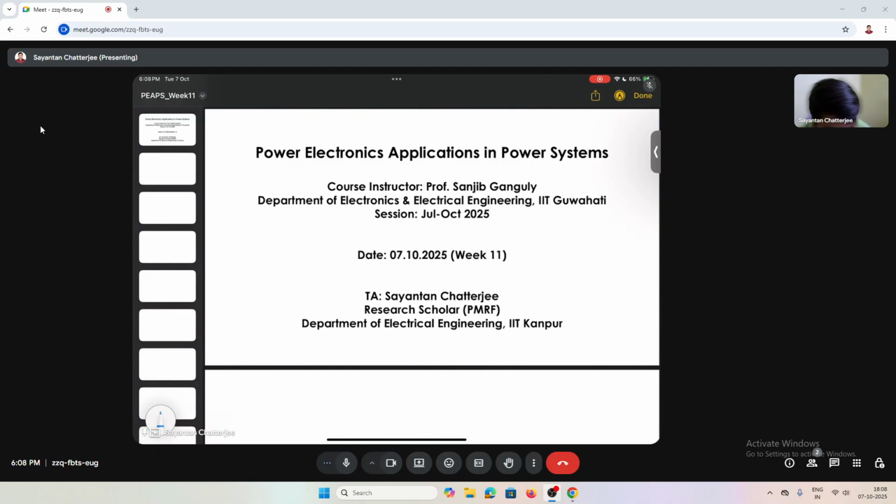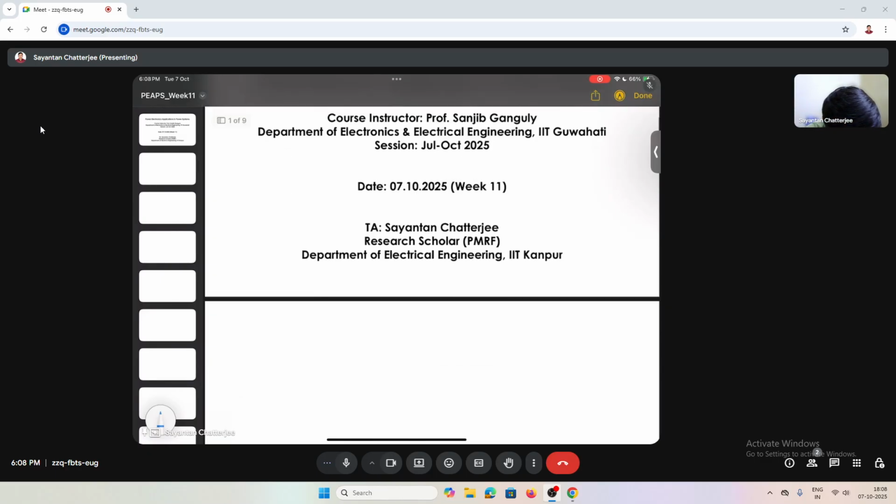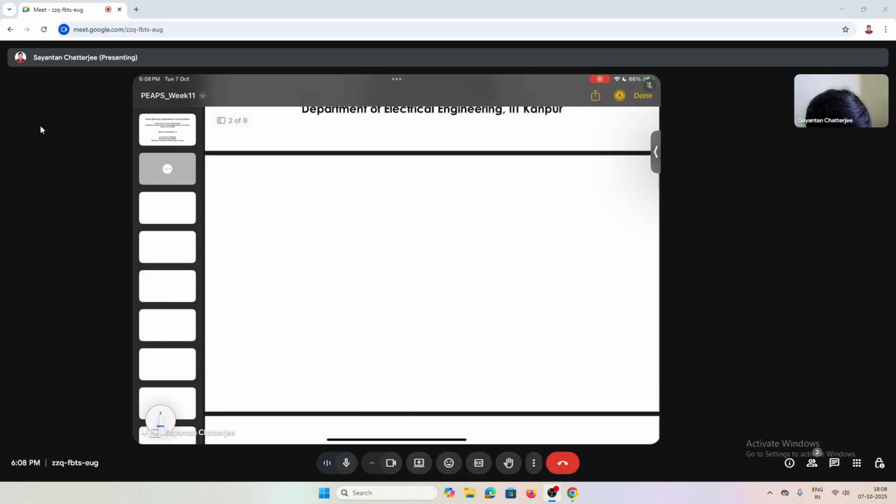Under the broad category of compensators, we have seen the power electronic compensation techniques, which can be categorized into shunt and series.